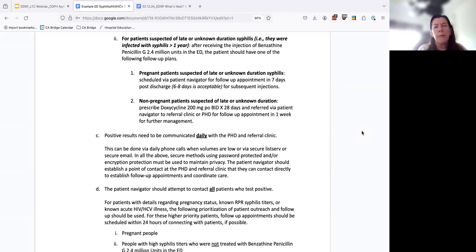So that 1 week follow-up in both cases should happen, but it's extremely critical for a pregnant individual because they can only have benzathine penicillin G. They cannot take doxycycline during pregnancy.